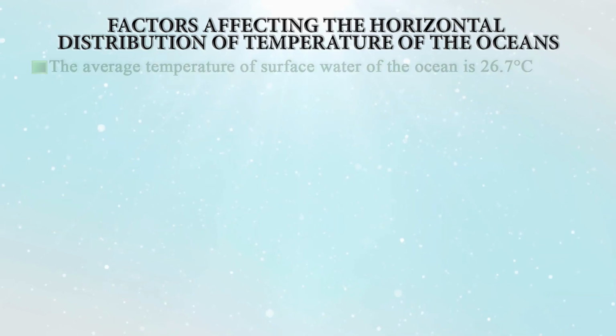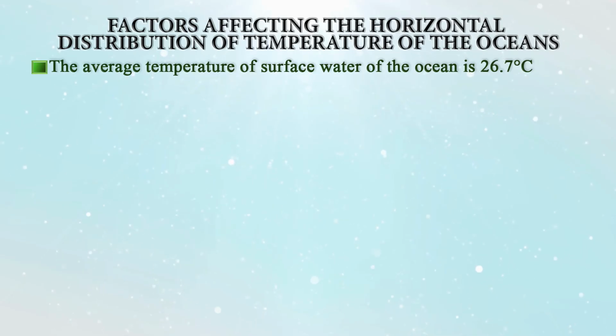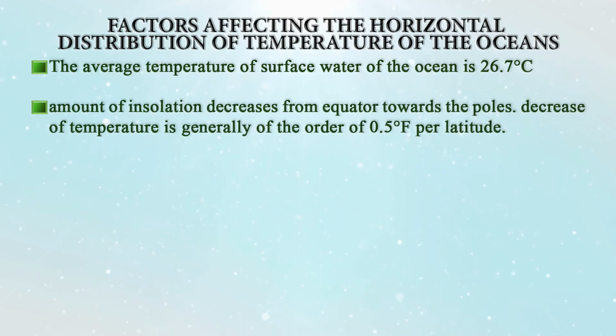Factors affecting the horizontal distribution of temperature of the oceans. The average temperature of the surface water of the ocean is 26.7 degrees centigrade. The amount of insolation decreases from the equator towards the poles, and this decrease is generally of the order of 0.5°F per latitude.